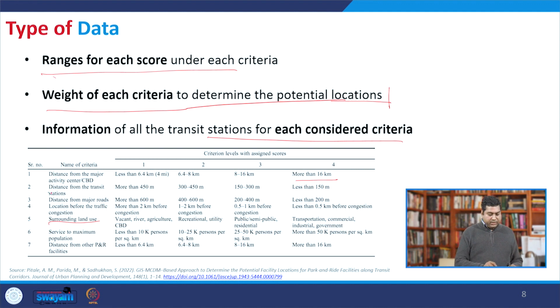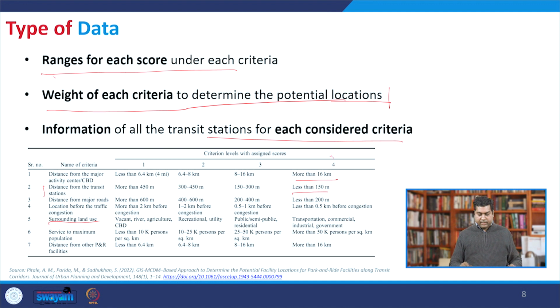But when you consider the distance from the transit station, that is, from your home location to transit, whenever it is less than 150 meter, where your park and ride facility and the station are within 150 meter, you just park your vehicle and in a few meters you are getting the station.